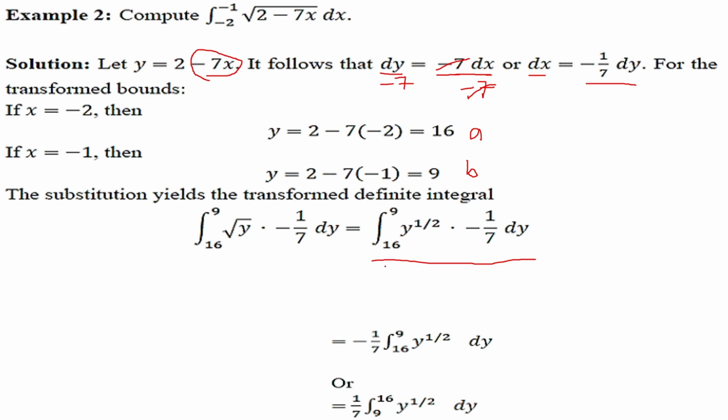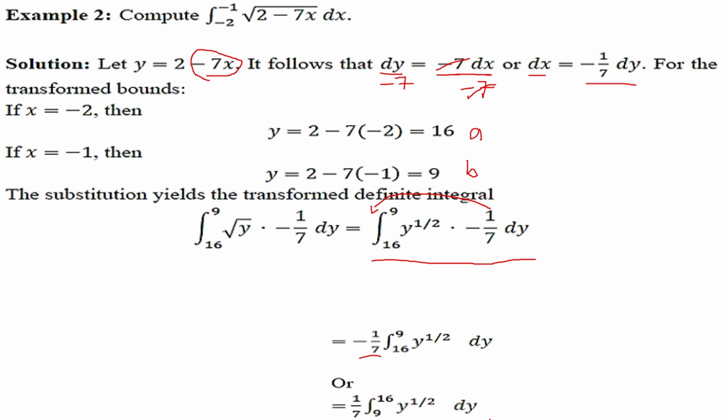Right? We said we take out the constant value, so negative 1 over 7, the definite integral from 16 to 9, y raised to 1 half dy. Or, positive 1 over 7, the definite integral from 9 to 16, y raised to 1 half dy.